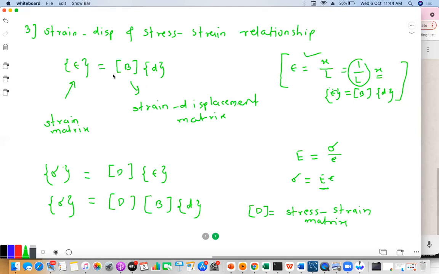To remember: here I am giving the relationship between strain and displacement, so B is the strain displacement matrix, and here I am giving the relationship between stress and strain, so D is the stress strain matrix. Now this is the third step done.